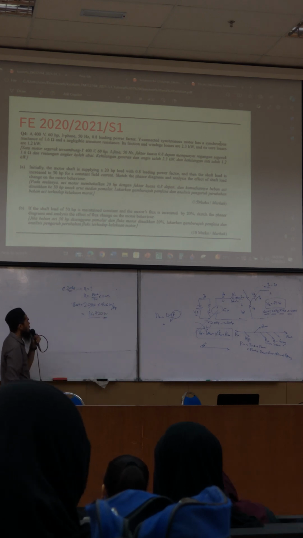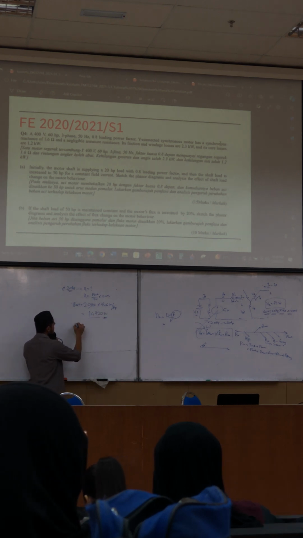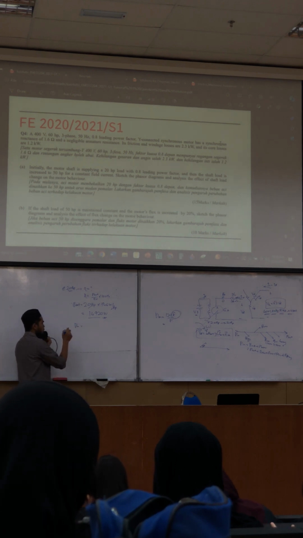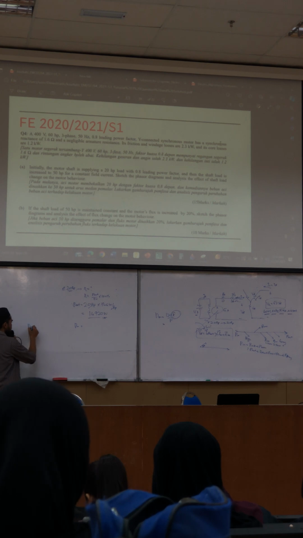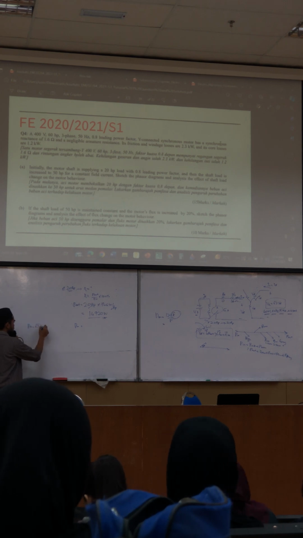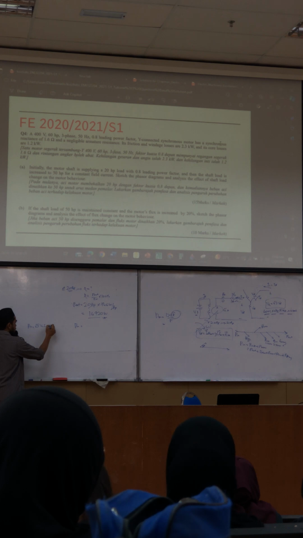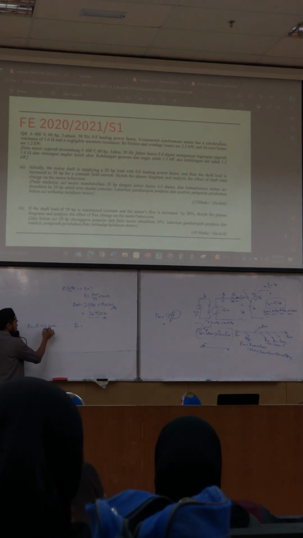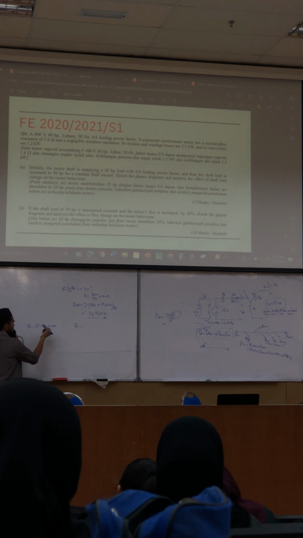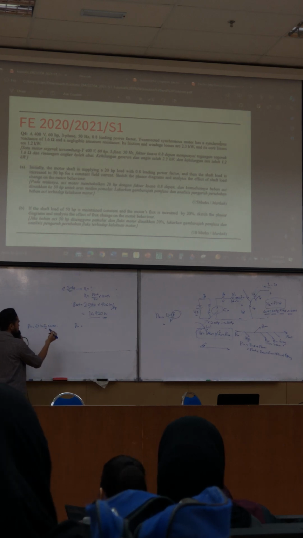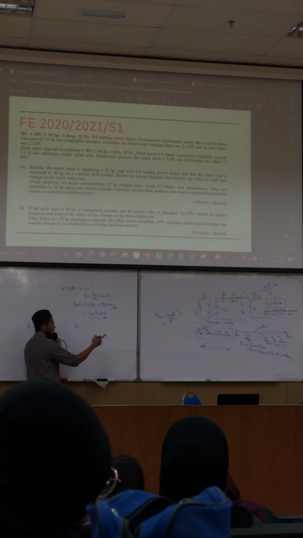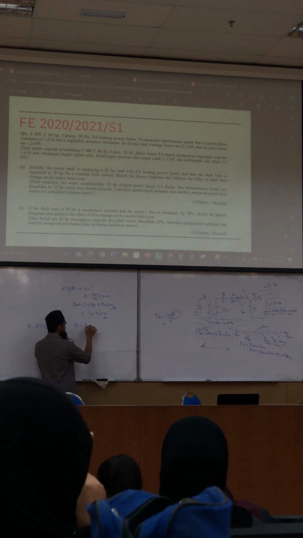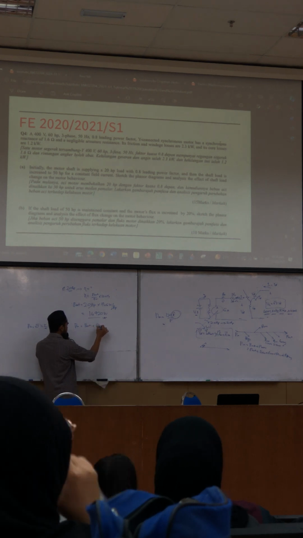Then you find out what is your P in. P in can be 3 VL IL cos theta. But now we don't know yet how much is our IL. So we need to use this fishbone diagram, which is P in equal to P out plus all the losses.